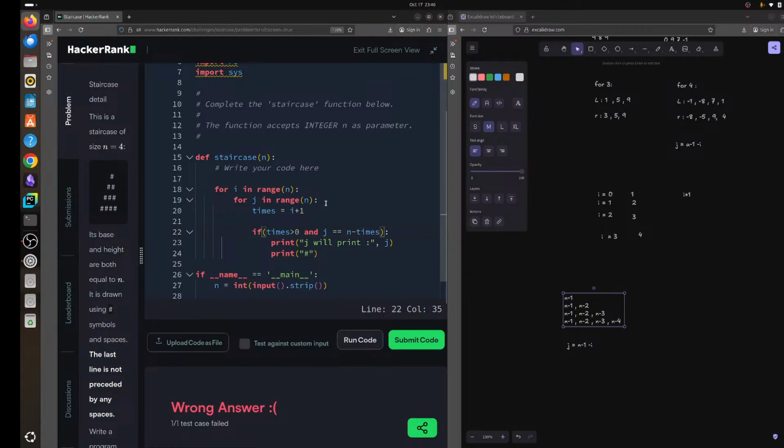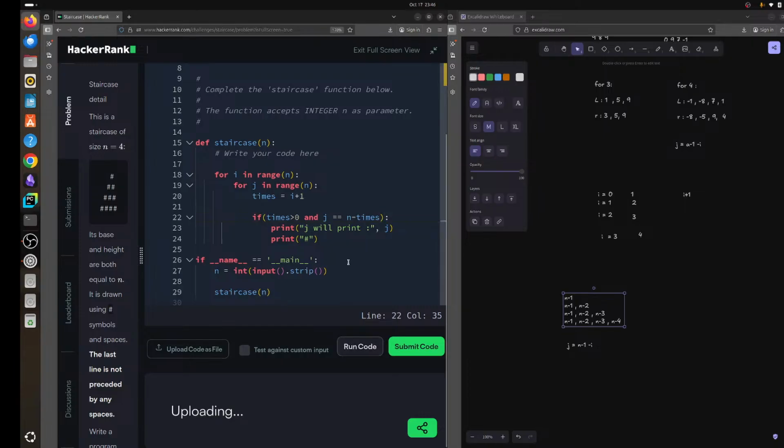Suppose for example now 1. So let's try this now. I think this will work. I think.